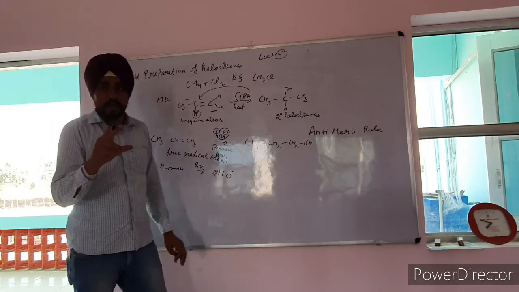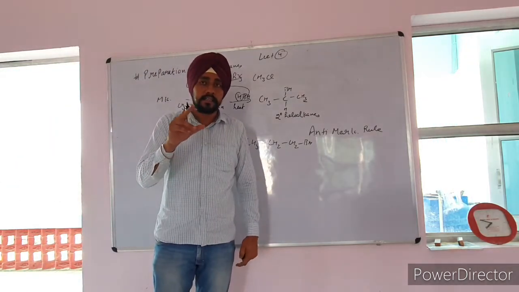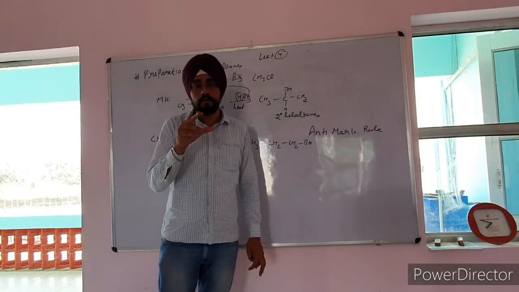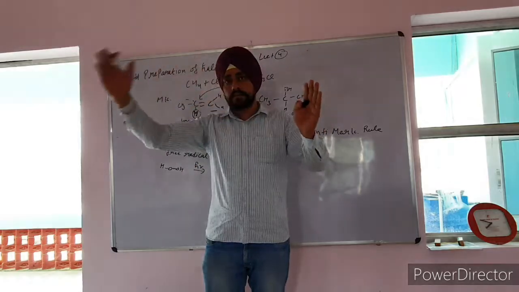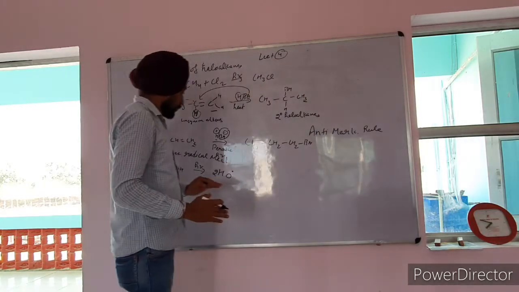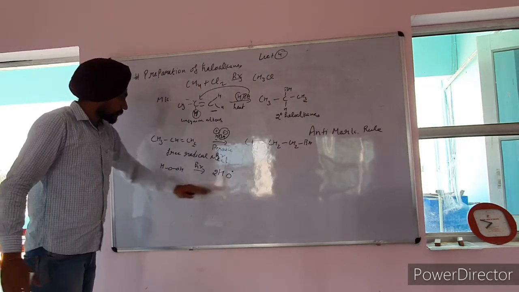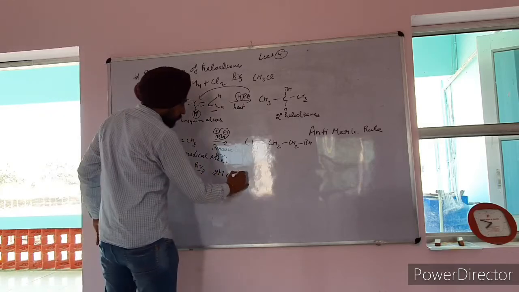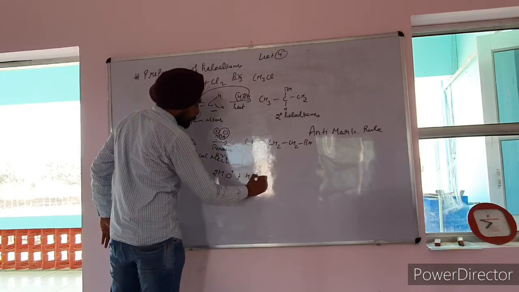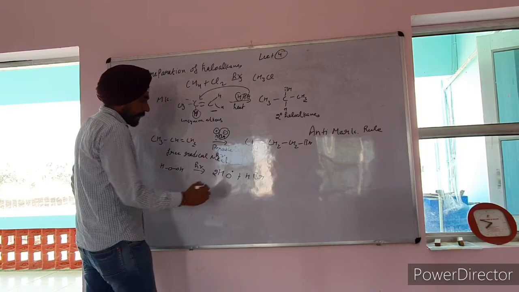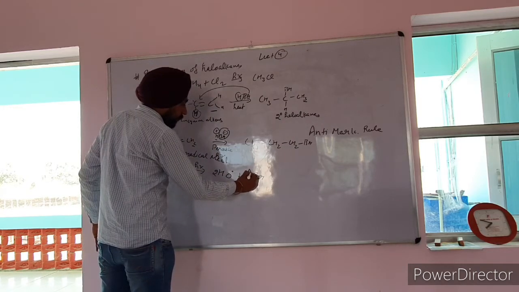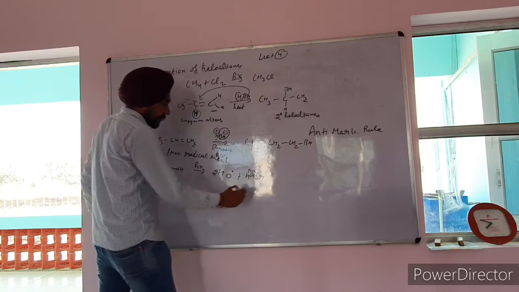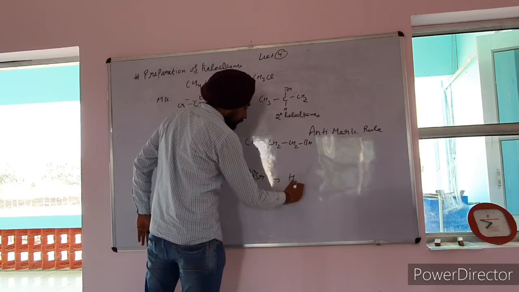In the first lecture of preparation of haloalkanes, I explained that homolytic bond fission is where one electron goes to one atom and the other electron goes to the other atom. Okay, this peroxide comes near the HBr, and there again homolytic bond fission occurs and gives that reaction.